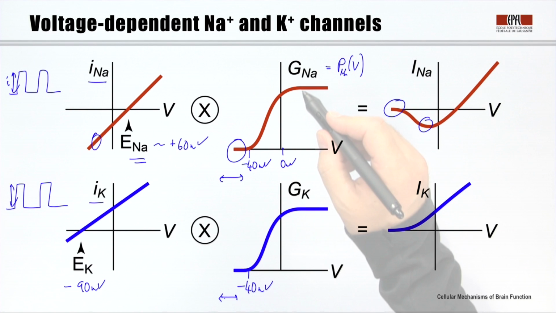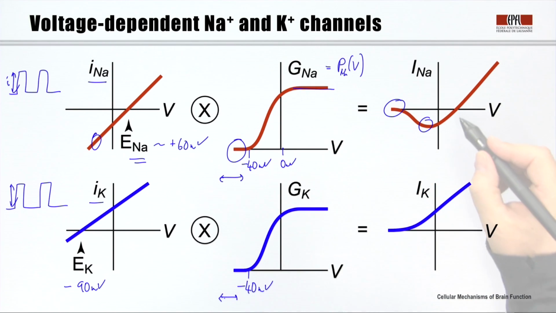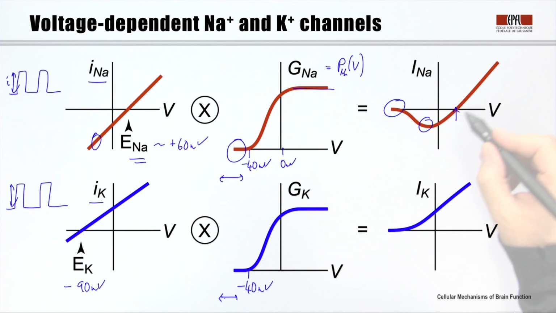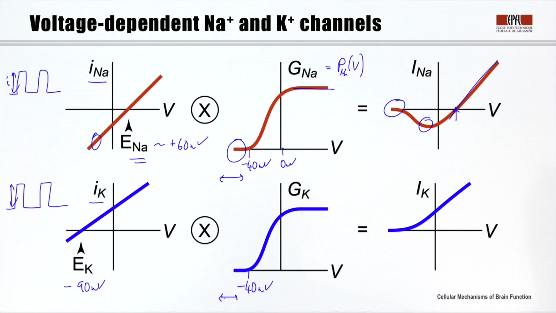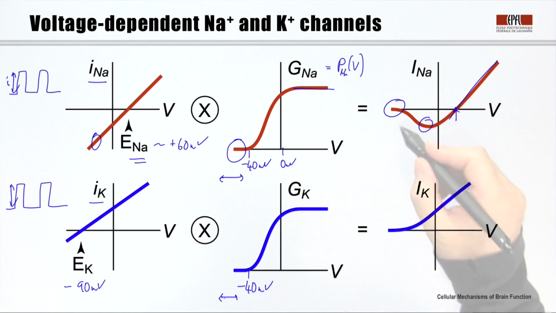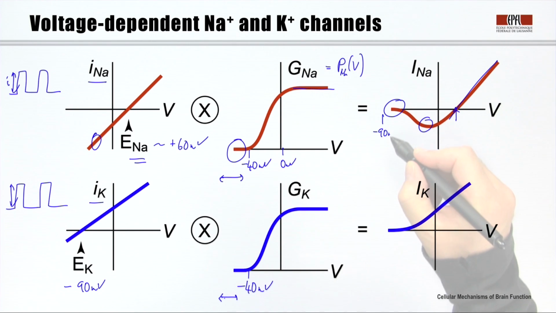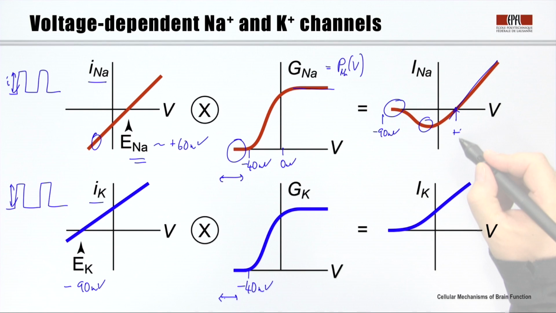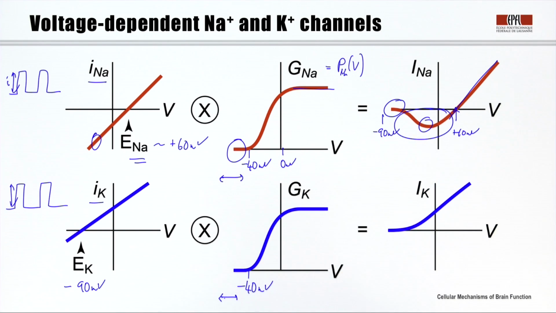As we keep depolarizing, the voltage gating saturates, we hit the reversal potential for sodium, and we enter the linear conduction regime. So we have this interesting biphasic situation where between the physiological range of membrane potentials from minus 90 to around plus 60 millivolts, we have an inward current that's generated by the voltage-gated sodium channel.